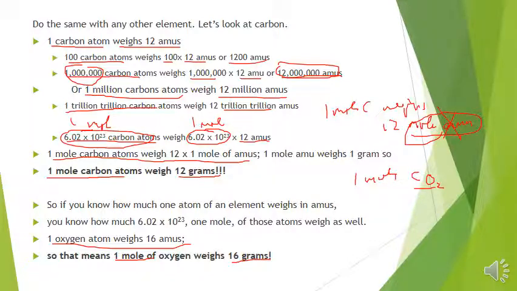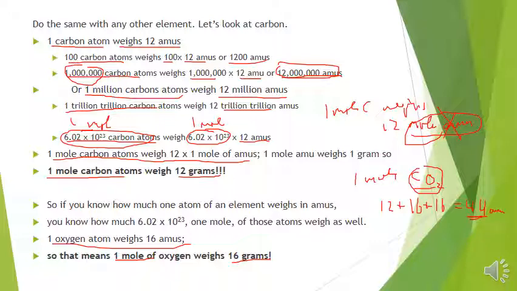So one molecule weighs 12 plus 16 plus 16, or 44 AMUs. So one molecule of carbon dioxide weighs 44 AMUs. Now, if you want to get 6.02 times 10 to the 23rd molecules of CO2, you would weigh out 44 grams.